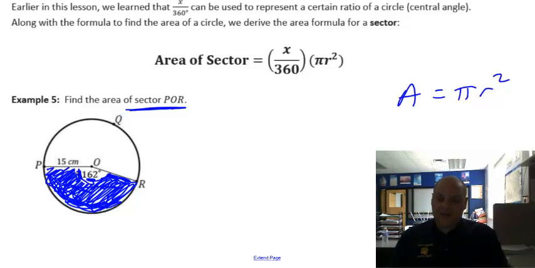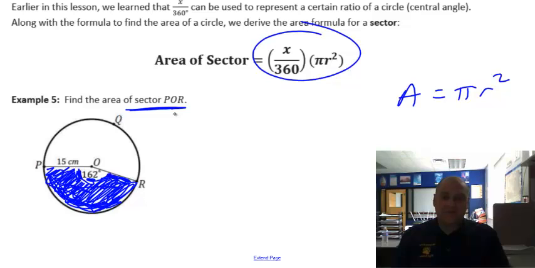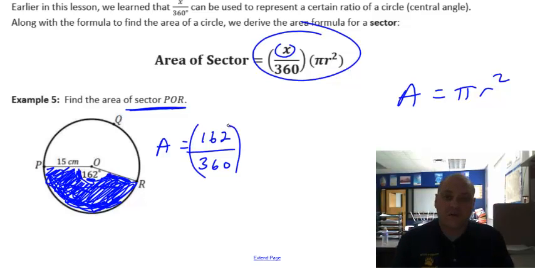This sector is 162 degrees out of 360. That's what the formula does. So area is 162 out of 360, and then instead of 2 pi r, because that's circumference, we just do pi r squared.